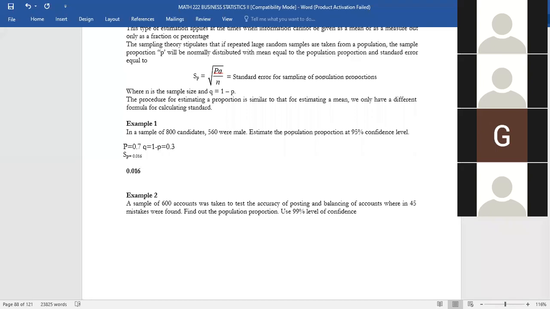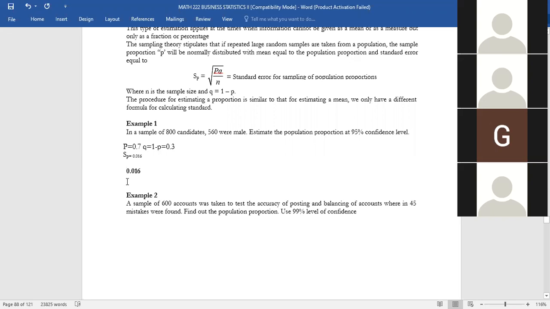So can we get the population proportion at 95% level of confidence? We are looking at the males, isn't it?